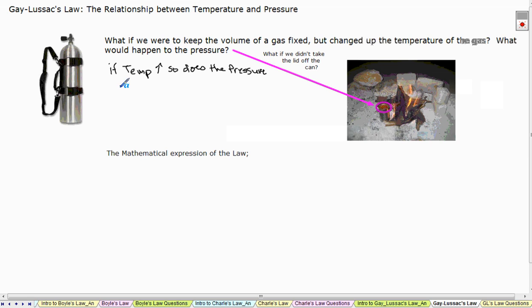And the why is pretty simple. Temperature equals energy, more energy equals more collisions equals faster collisions.